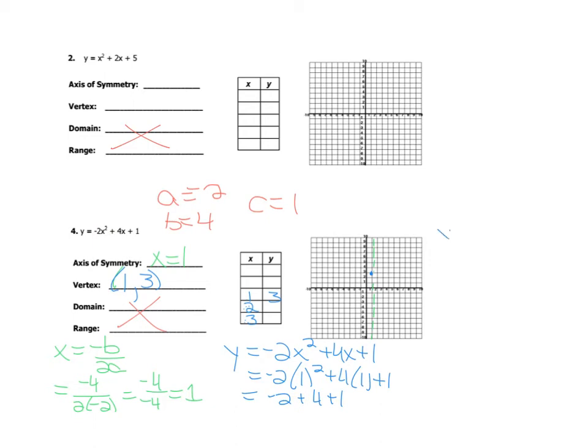So let's plug in 2. Well, that one's kind of nice. Negative 8 plus 8 is 0, and 0 plus 1 is 1. Then I'm going to plug 3 in.